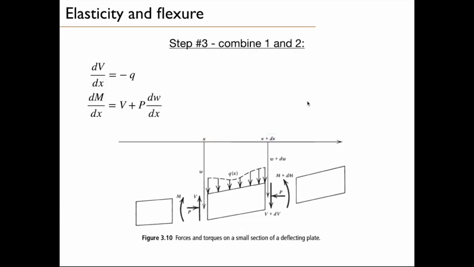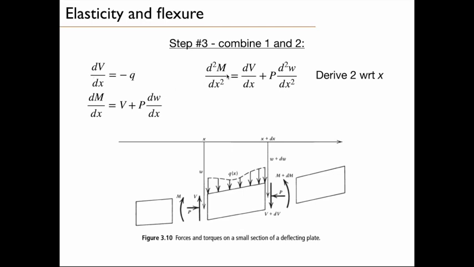In the next step, we are going to combine equation 1 with equation 2. First, we start by deriving equation 2 with regard to x. This leads us to a second order differential equation of that form. And you can recognize the term here, dV/dx, for which we know this equation, equation number 1.